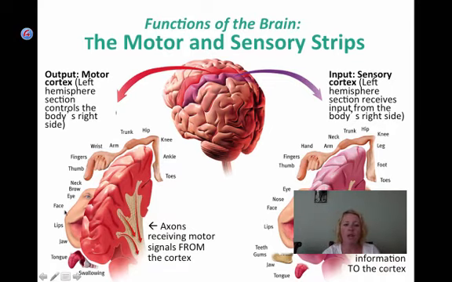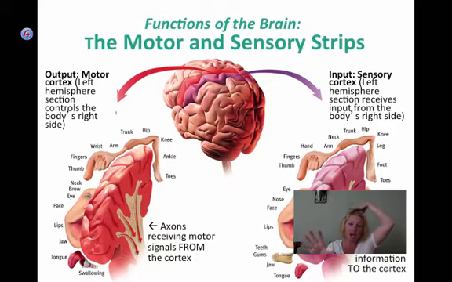One of the reasons why these pictures are also kind of crazy warped is that the more information, for instance sensory information, they need, the more cortical area they're going to get. So when I'm moving my hands around when I'm lecturing, it's my motor area that is telling my hand to move.